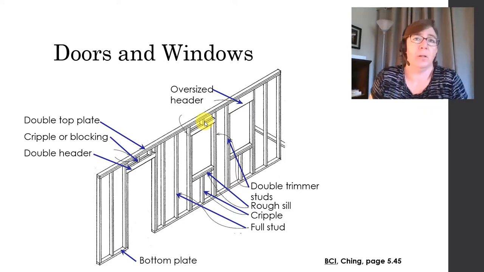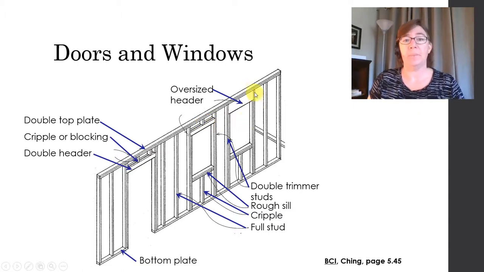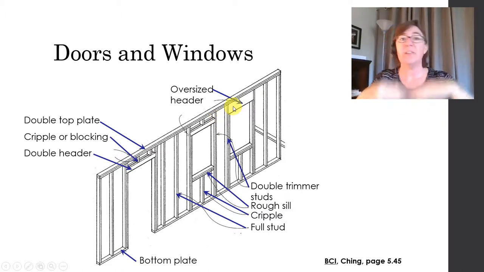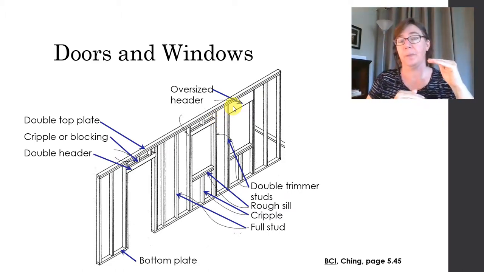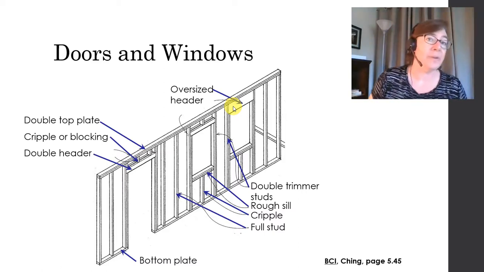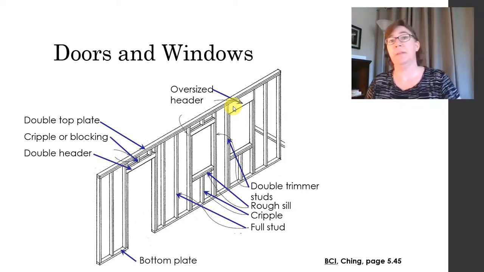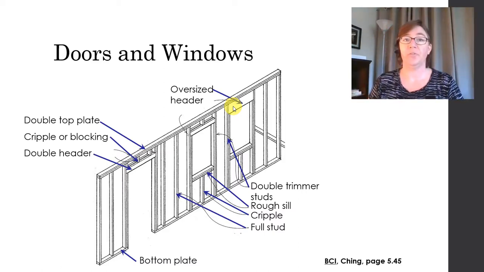They're just so small. And so you can actually install a header larger than necessary. It's called an oversized header, and it just fills that area. A little bit of extra material, but it's actually easier to construct. You might see that sometimes.